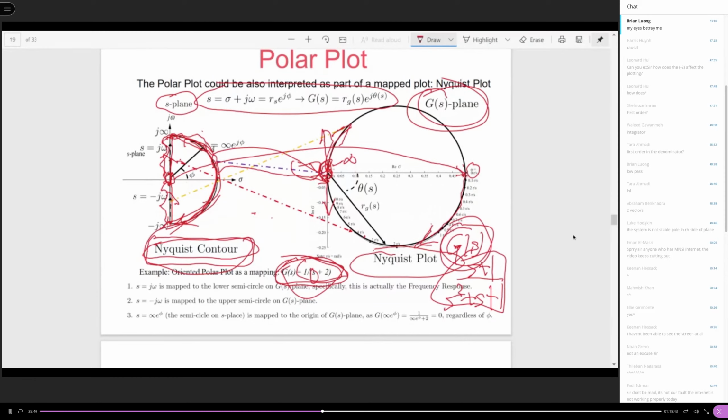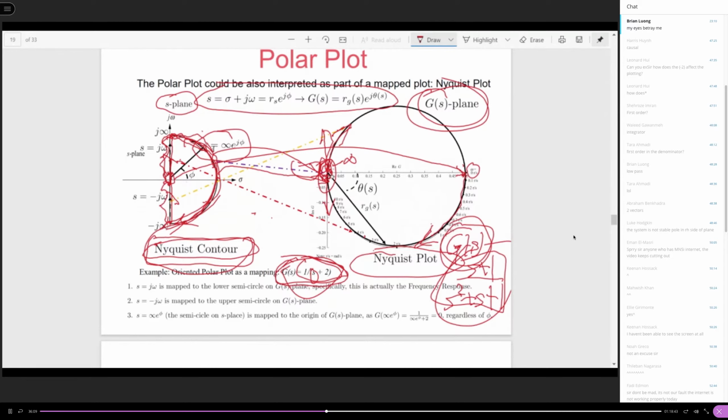In this case, if you take s equal to infinity e to the j phi in this expression, you will find that you always get the origin point, but with a phase change. It could be more complicated. So it stays at the origin and rotates as much as the phase goes.